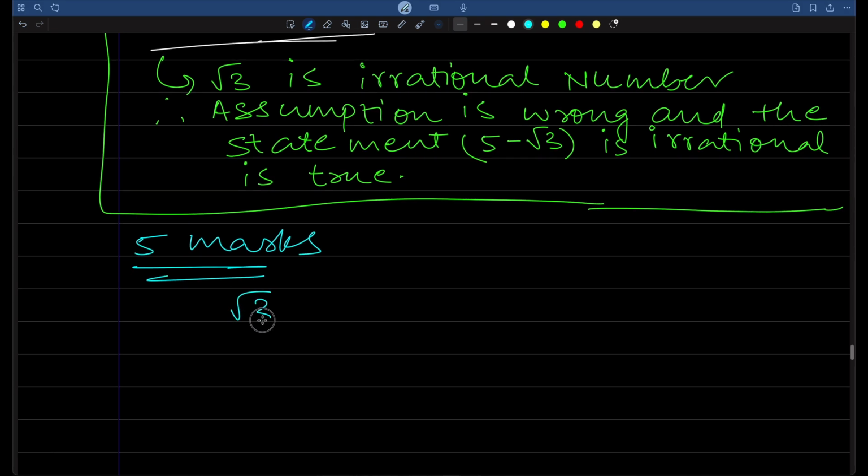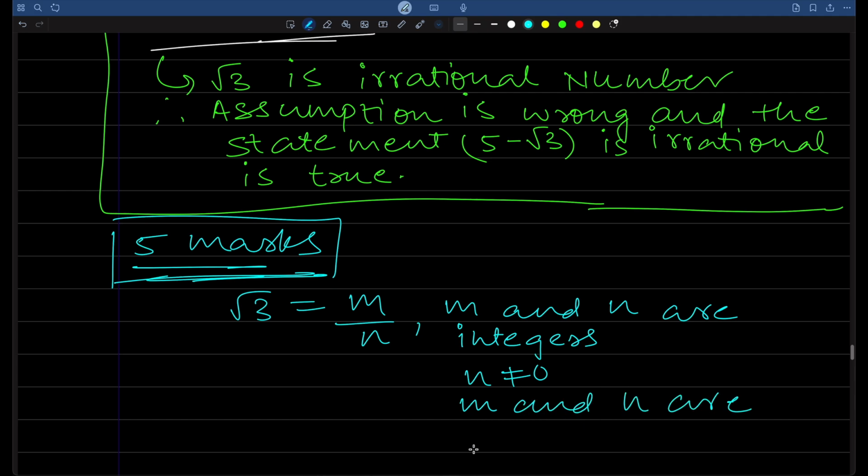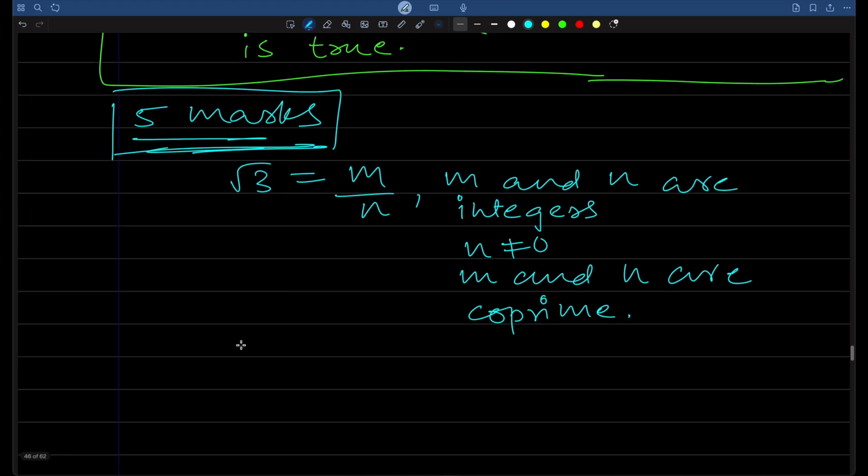Now we can represent root 3 equals m upon n, where m and n are integers. We have n not equal to 0, and we will assume that m and n are co-prime. Now root 3 into n equals m.